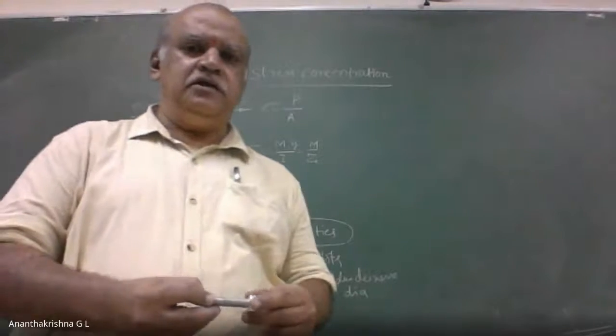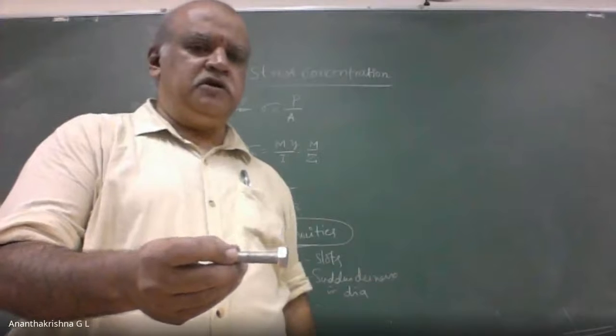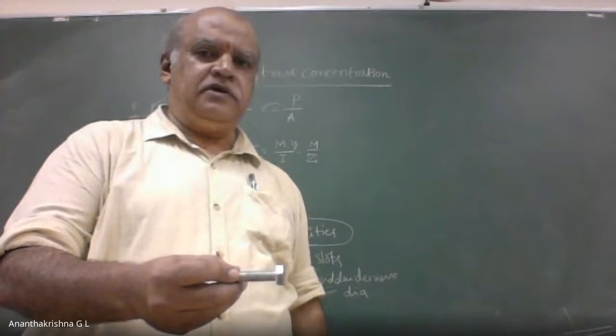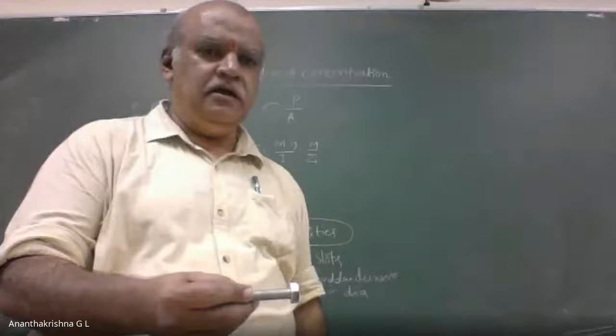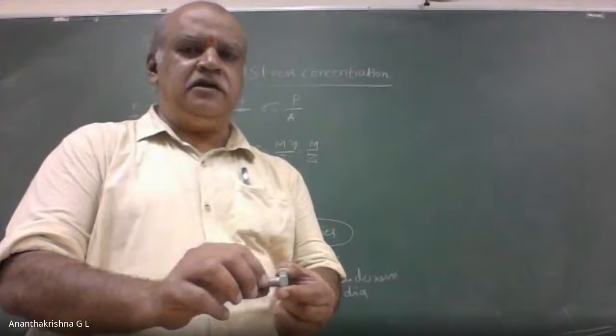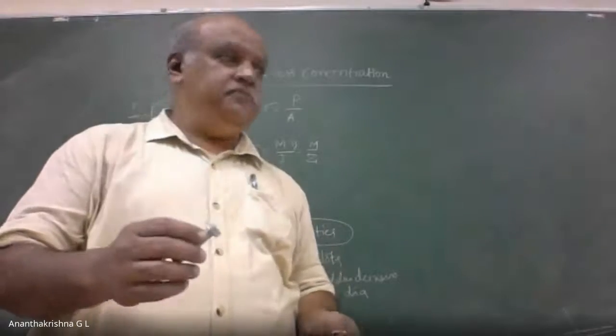So what type of discontinuity is there in this bolt? Sudden discontinuity in diameter. Yeah, there is a sudden decrease in diameter, correct? So again, there is going to be a discontinuity.